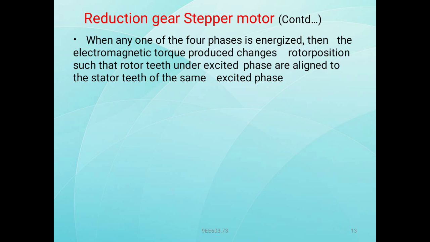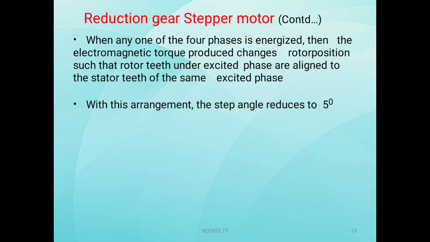So now the rotor teeth under the excited phase are aligned to the stator teeth of the same excited phase. With this arrangement, the step angle reduces to 5 degrees.